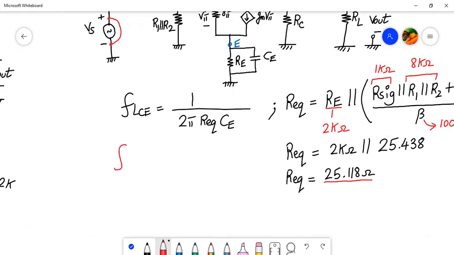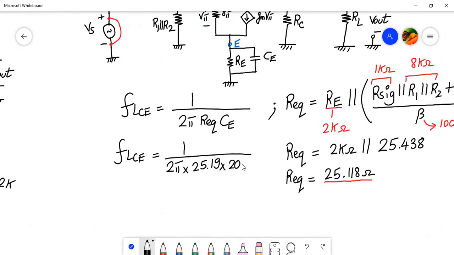FL of CE will be given by 1 upon 2 pi into R equivalent. R equivalent value is 25.19, we can consider approximately, into CE. The CE value is 20 microfarad, that means 20 into 10 raised to minus 6.